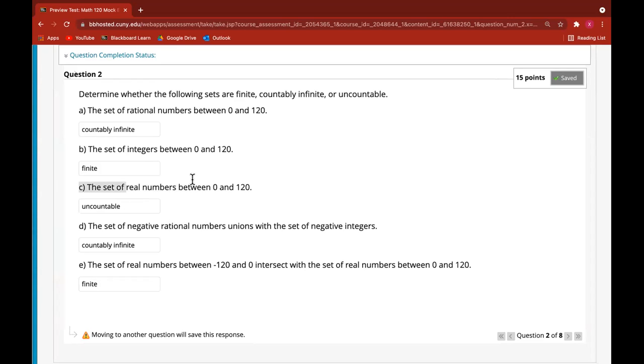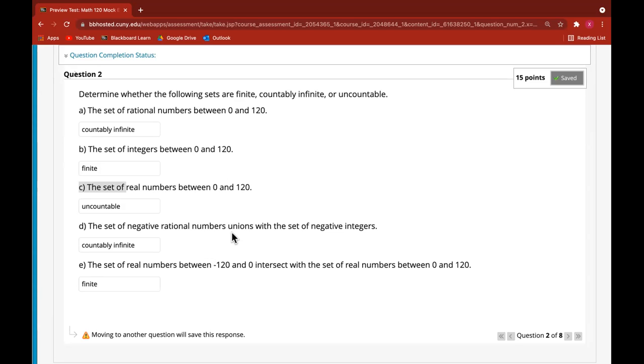Okay, if you write it as a fraction, that's a rational number. The real numbers include the irrational numbers, which means you might have numbers with infinitely many decimal places and no pattern. Since there's no pattern, you won't be able to list all of them out.